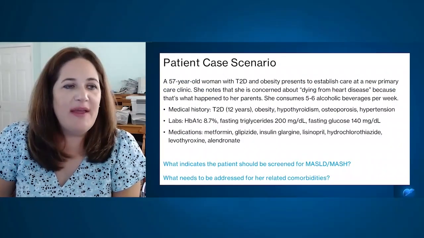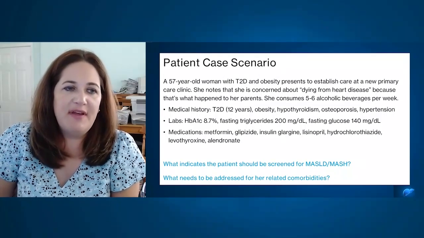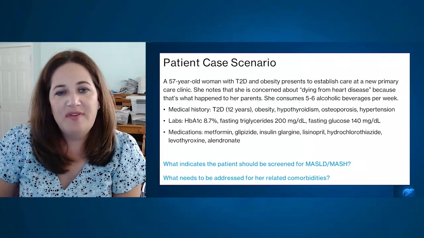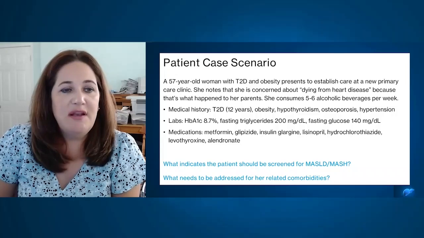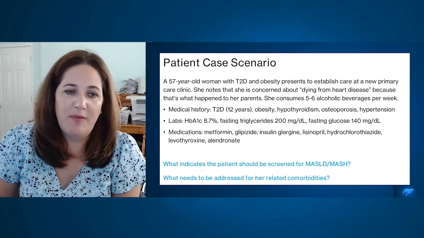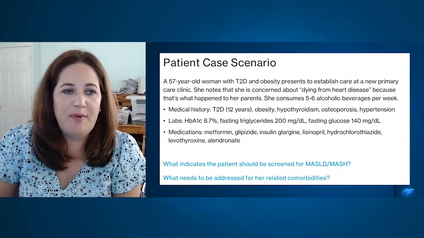So now we're going to go into a patient case scenario. This patient is a 57-year-old woman with type 2 diabetes and obesity, and she presents to establish care at a new primary care clinic. She notes that she is concerned about dying from heart disease because that is what happened to her parents. She consumes 5 to 6 alcoholic beverages per week.